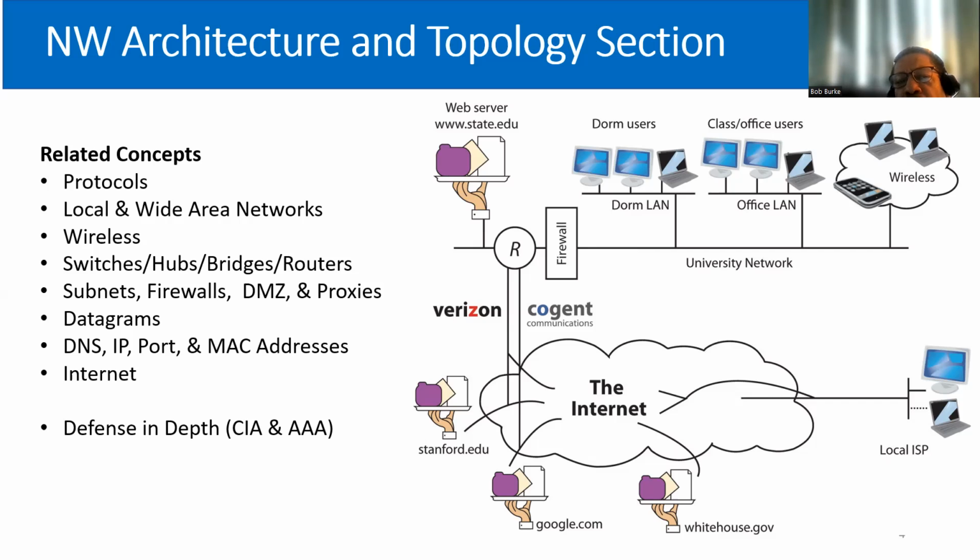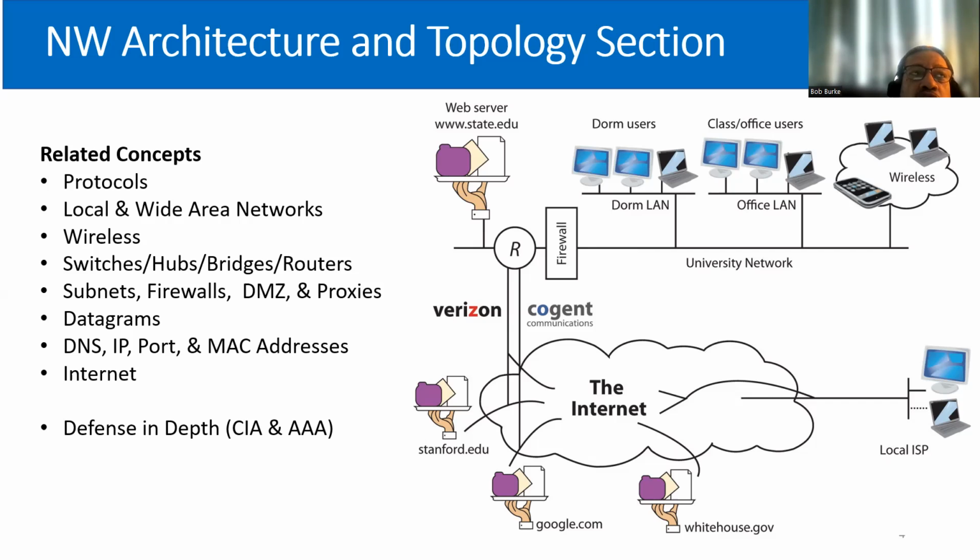I'm going to highlight over to the left, and I'll build this list as we go through the presentation. We have a lot of topics to cover, but I would say stay focused on this list: the protocols, the local and wide area networks, wireless, the various network devices, switches, hubs, bridges, and routers, and how we secure them.